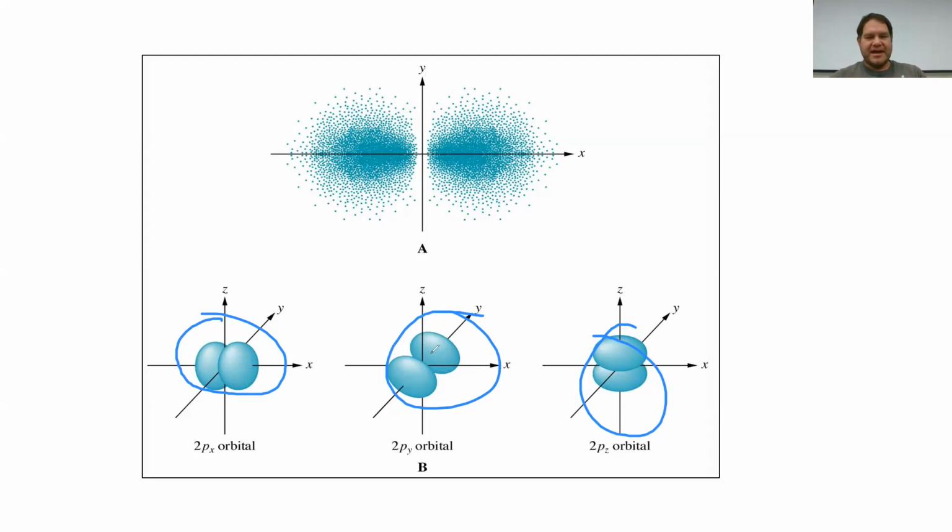So you can have 2 electrons in each one of these orbitals. So if I combine them into a subshell, I can have a maximum of 6 electrons in a p subshell. Okay? 6 electrons maximum in a p subshell, because each p orbital has 2 electrons in there. Okay? Whew. Hope that is clear, okay?